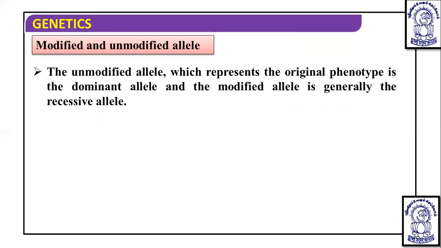So whichever allele produces the original phenotype, that is the dominant allele. And the modified allele is generally the recessive allele. Dominant alleles are usually unmodified, and recessive alleles are usually modified. So we can say capital T was unmodified, but some modification happened and it converted into small t.